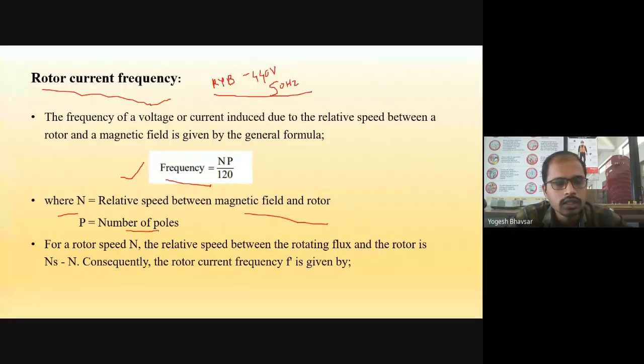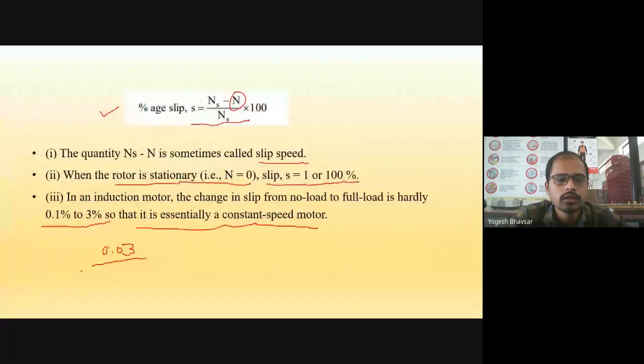Here consider N as the relative speed between the magnetic field and rotor. Now for rotor speed N, the relative speed between the rotating flux and the rotor is Ns minus N. In the previous topic we have seen that the slip speed is nothing but Ns minus N.